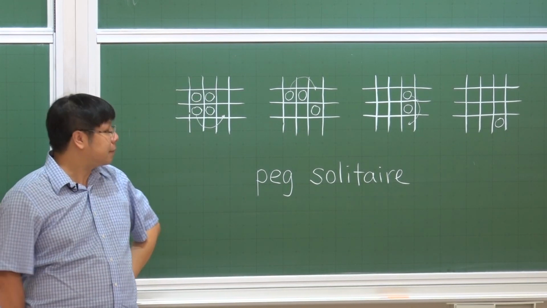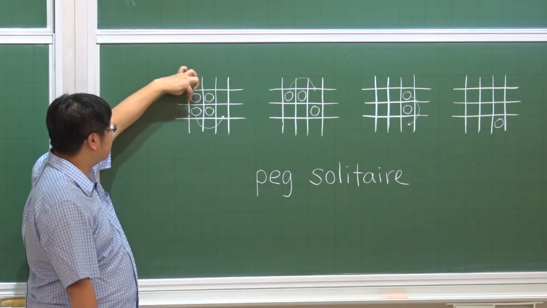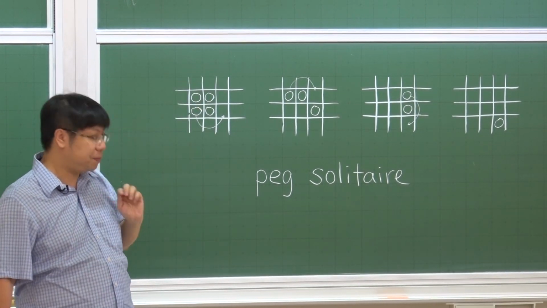Suppose that originally you have 4 pieces arranged in a square, 2 by 2.